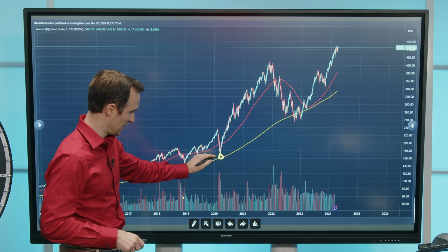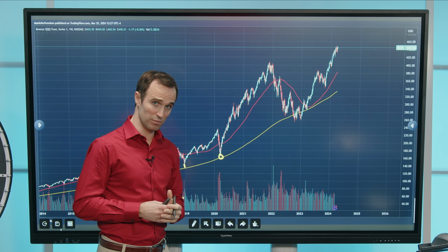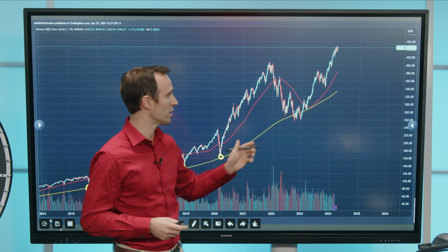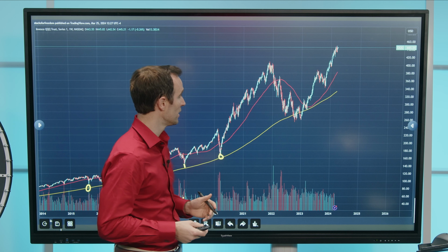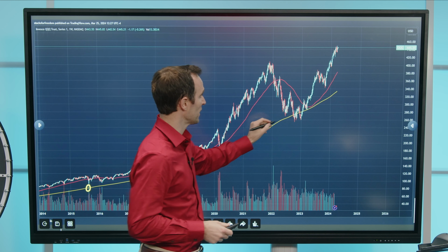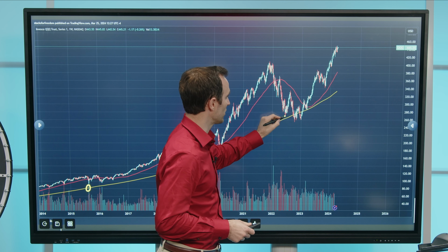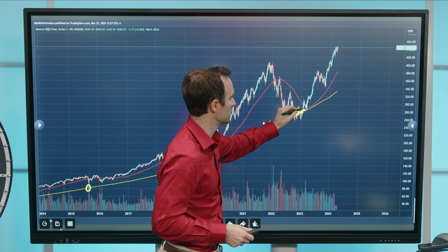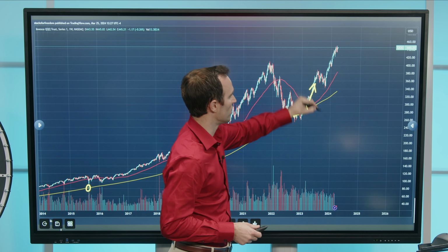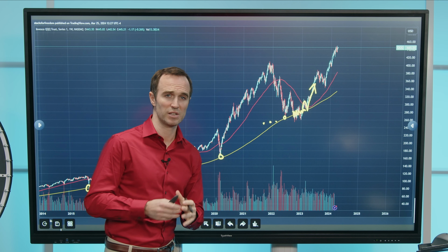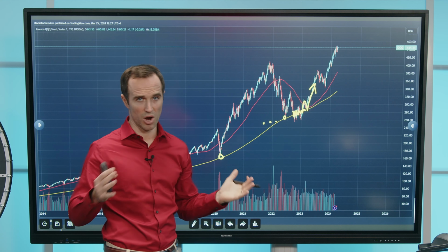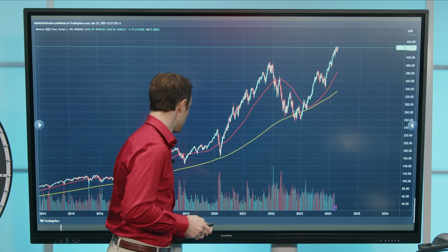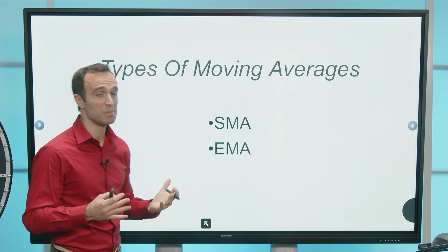And we essentially kissed that 200 moving average at the bottom of COVID, and then look at where the 2022 bear market started to pivot. It essentially came down here, kissed the 200, and then also just chopped alongside this, regained the 200, and then moved higher. The 200 moving average is the strongest of all of the moving averages. So I just wanted to show you this, and let's move on to the types of moving averages.